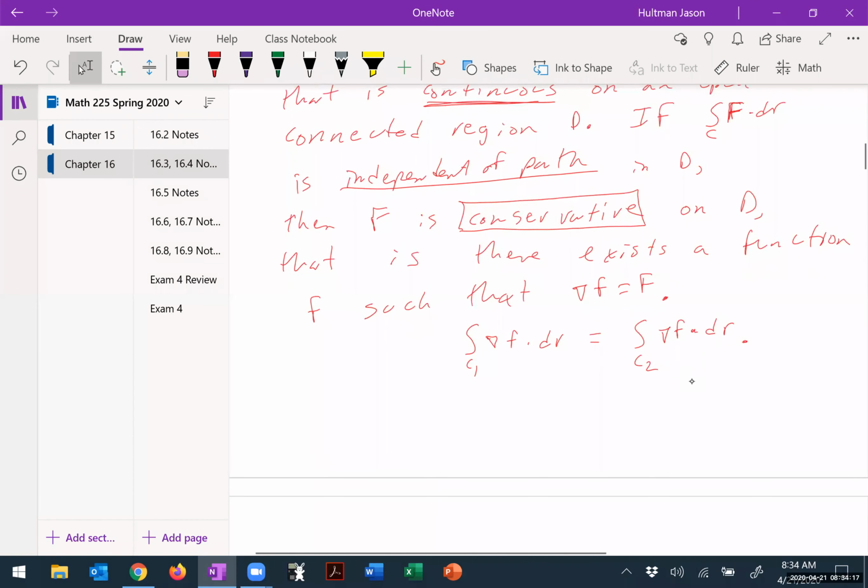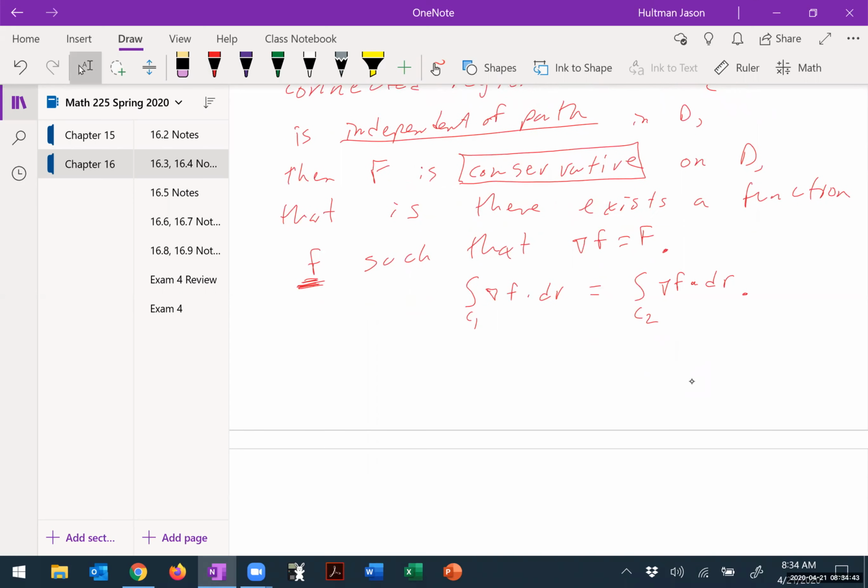We're just basically saying, look, the parent function exists. If the parent function exists, we're saying that little f exists. It means that we can get a function whose gradient was capital F. That's really just what it means here.